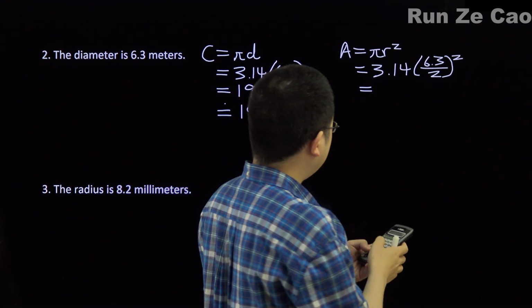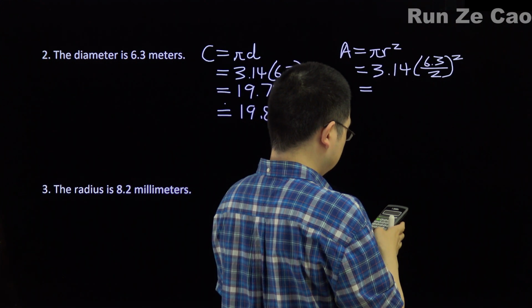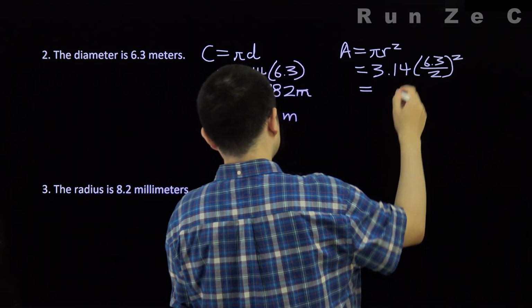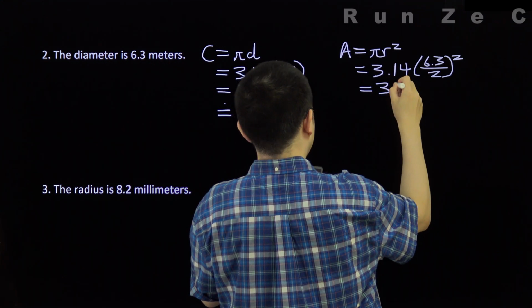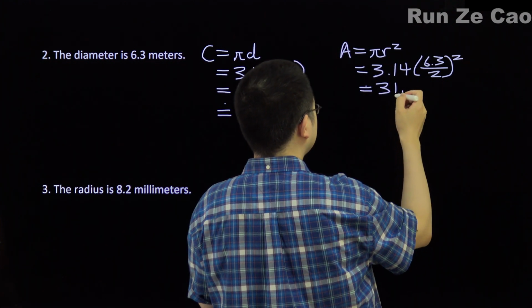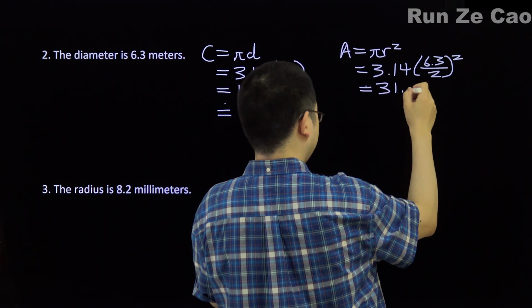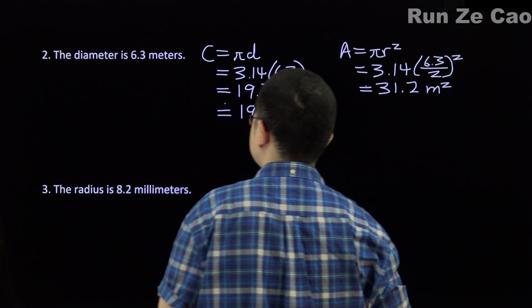It's 3.15 squared times 3.14. We're going to end up with 31.15665, but we can just put it down as approximately 31.2 meters squared.